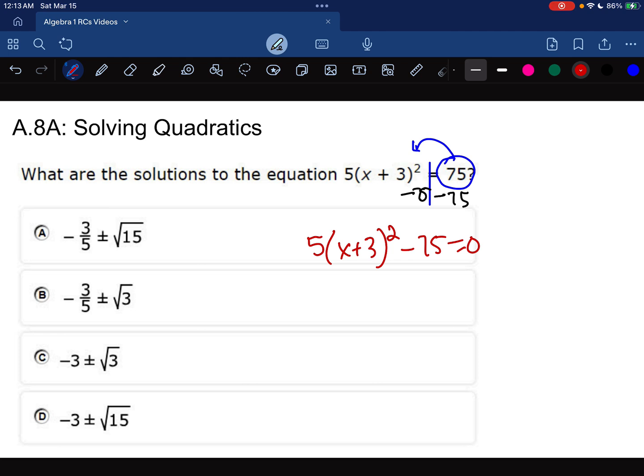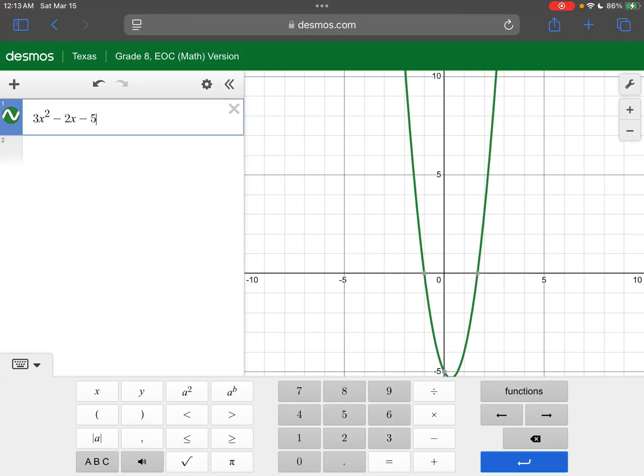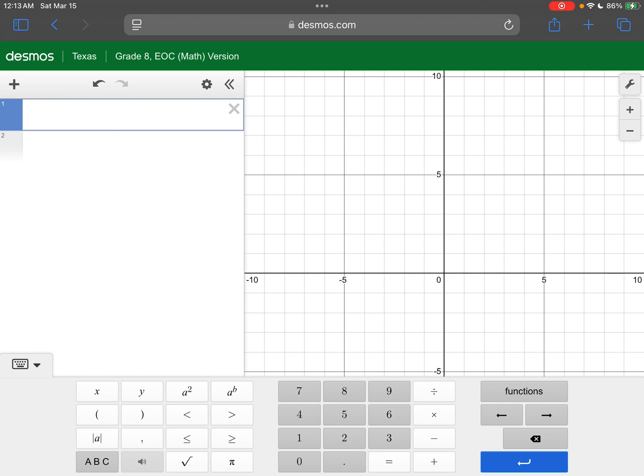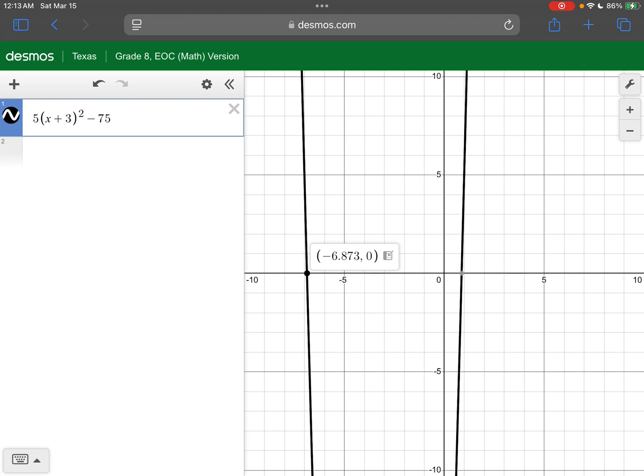But let's go ahead and plug this equation in. We have 5 parentheses x plus 3 squared minus 75. All right, so we have those weird numbers, but I'm going to write them down.